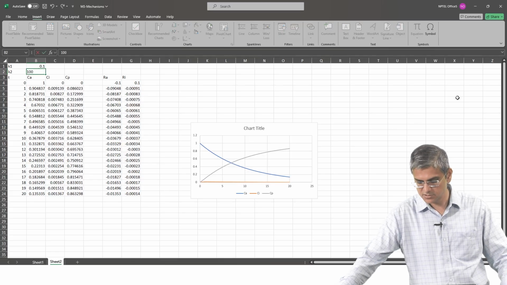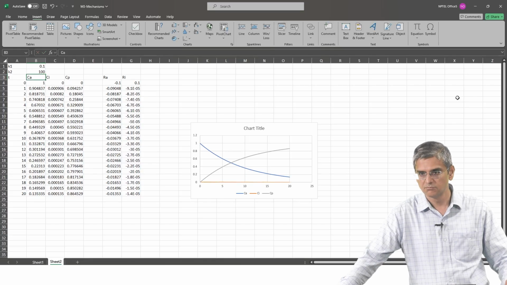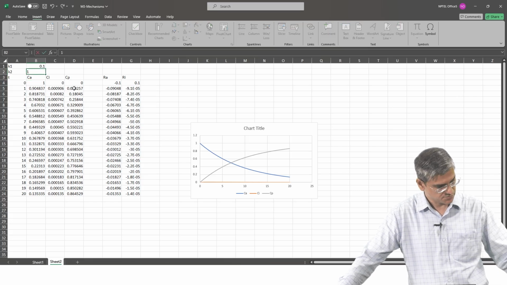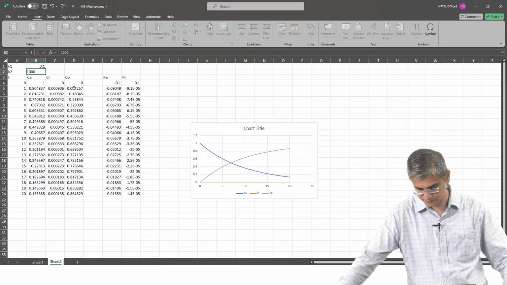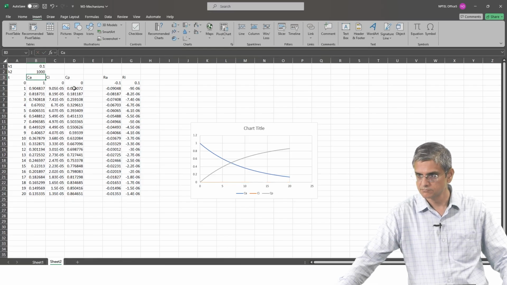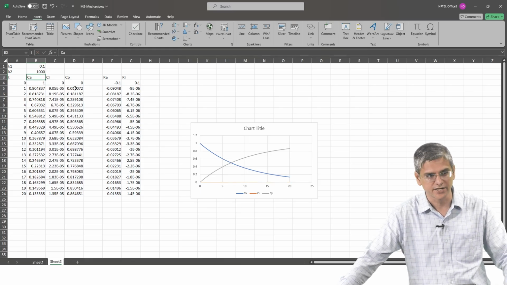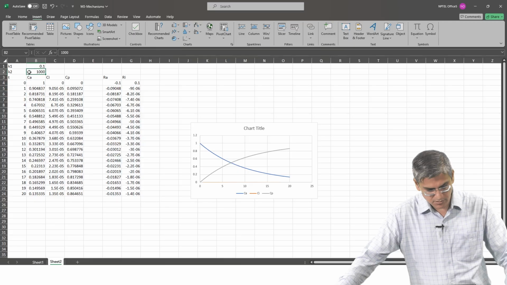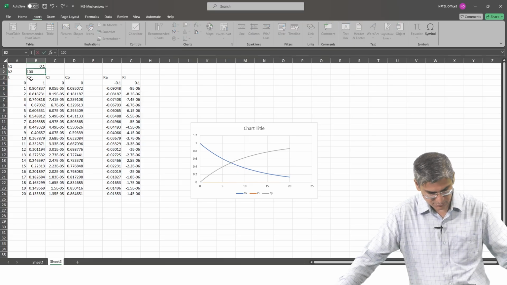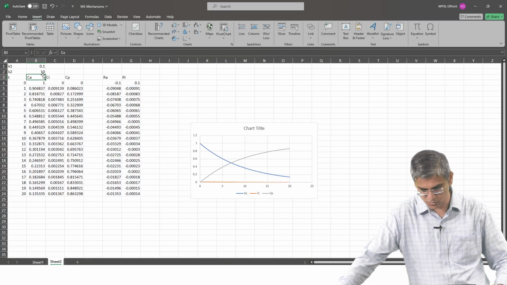I will press enter and then you watch what is happening. No change at all. Let us change it to 1000 and see what happens. The orange is going down, but there is no change in blue and grey. Let us go back and change it to say 100 or 10 is good enough for us.